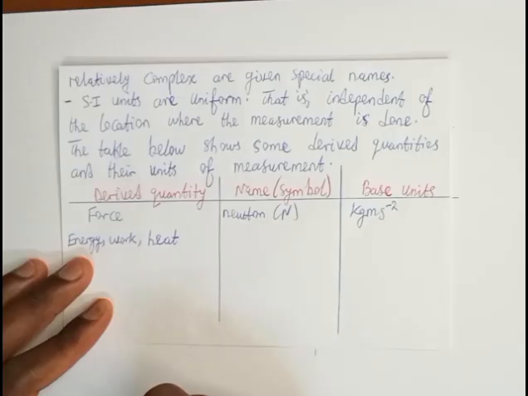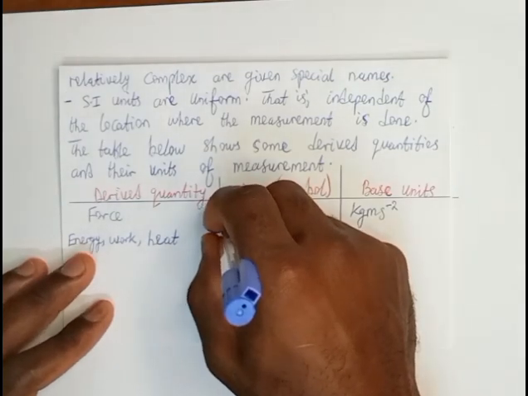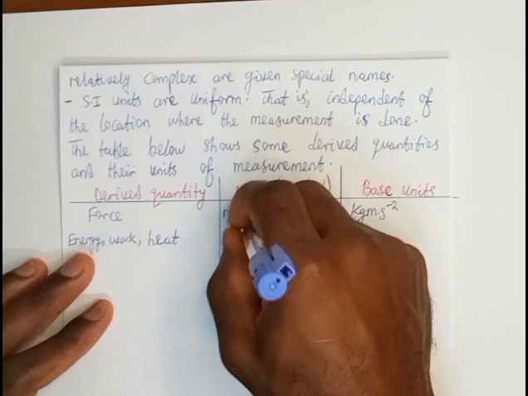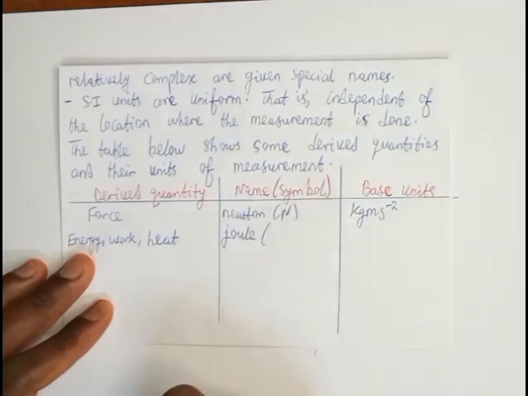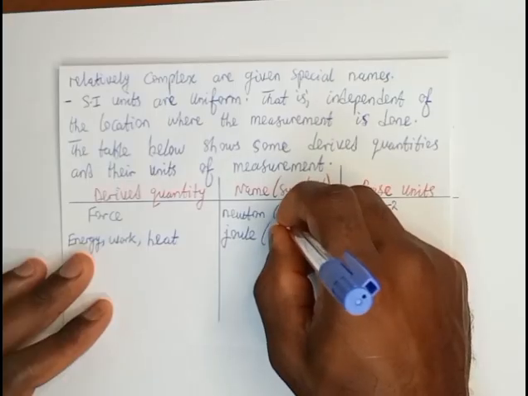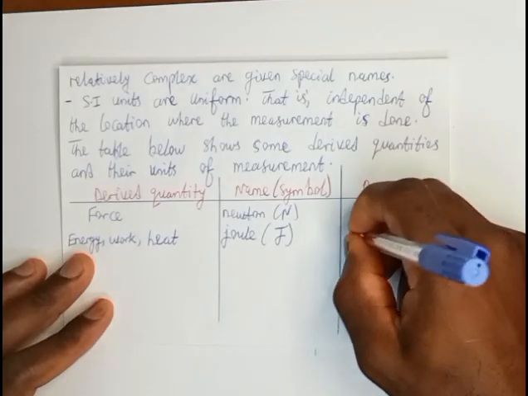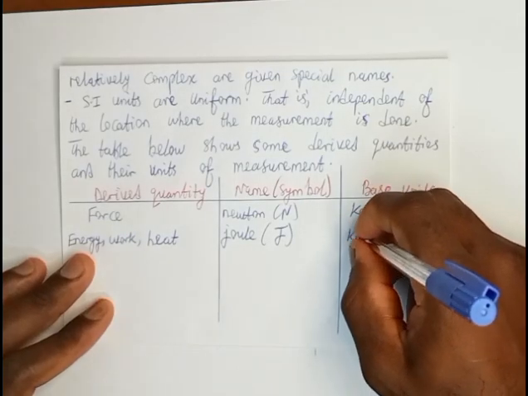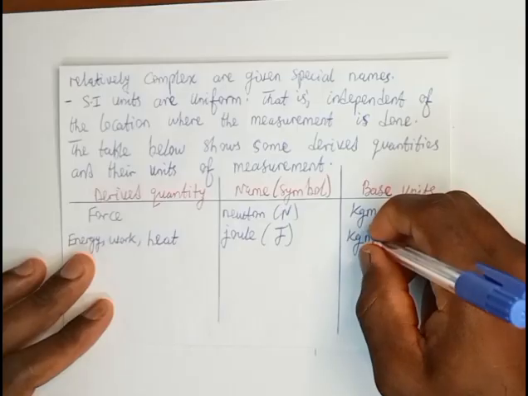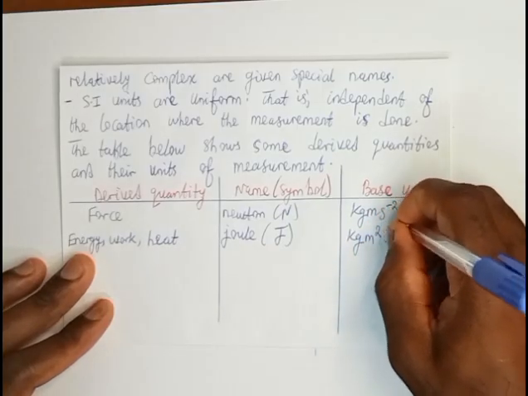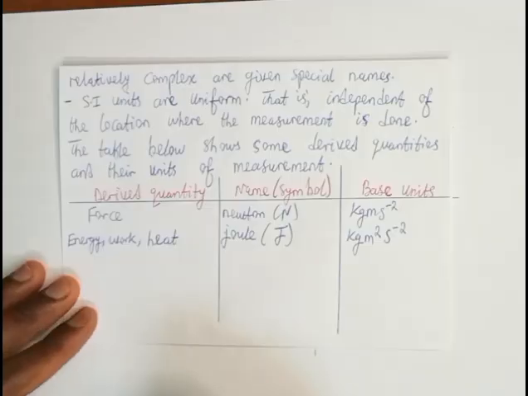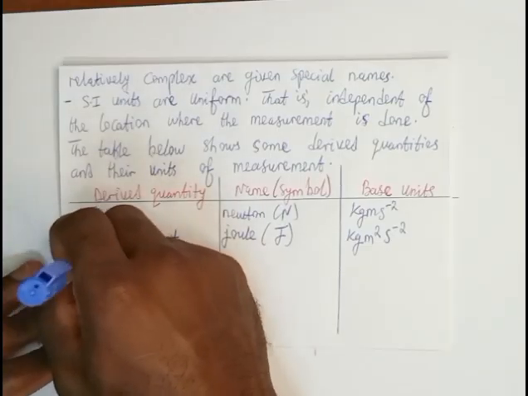These derived quantities, they all have the same unit of measurement, which is the joule with symbol uppercase J. Then the base units we have a kilogram, meters squared per second squared.